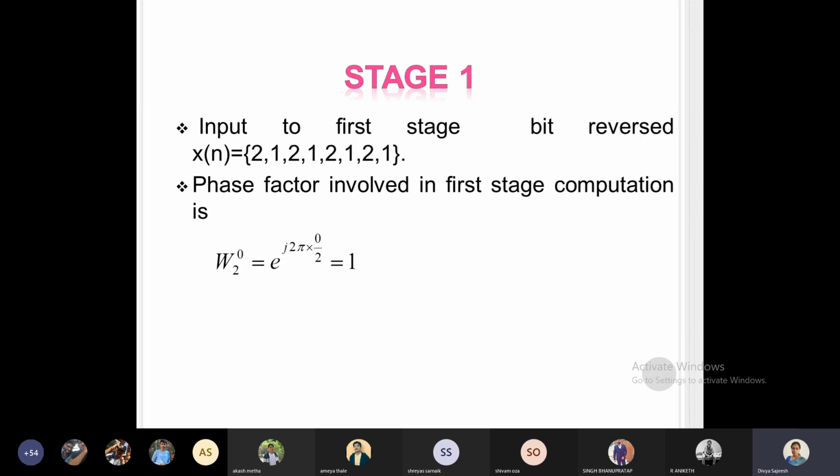If you expand it, W2 raised to 0 will be e raised to j2 pi k by 2, where k is 0, so it is equal to 1. So the twiddle factor W2 raised to 0 in the first stage is equal to 1. So wherever W2 0 comes into picture, there you need to substitute it as 1.